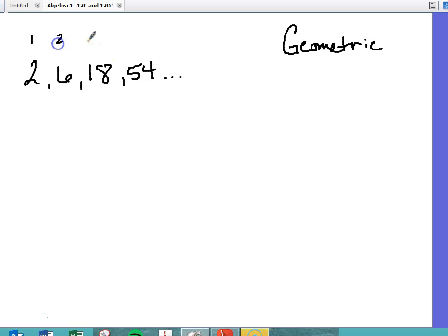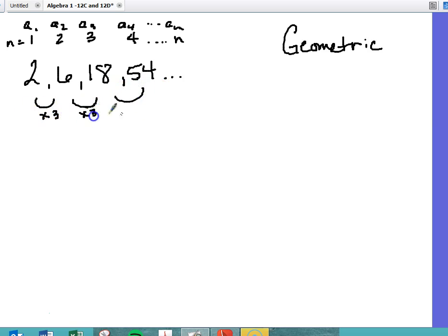First term, second term, third term, fourth term, all the way to the nth term: a sub 1, a sub 2, a sub 3, all the way to a sub n. For this pattern, what we see is times 3, times 3. Each time we're getting multiplied by 3.